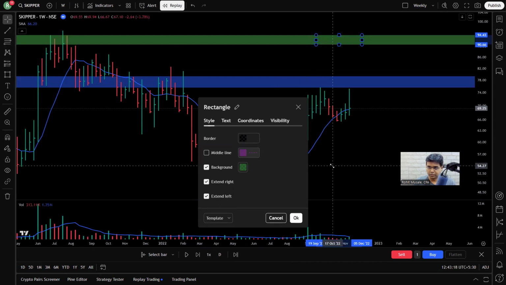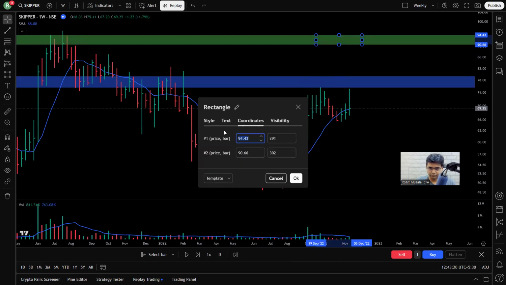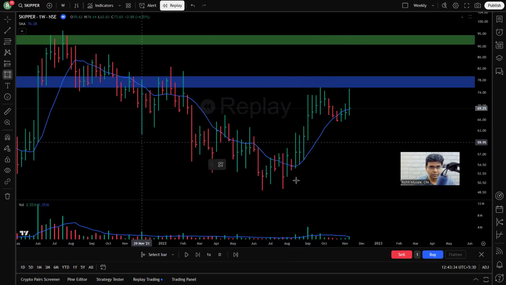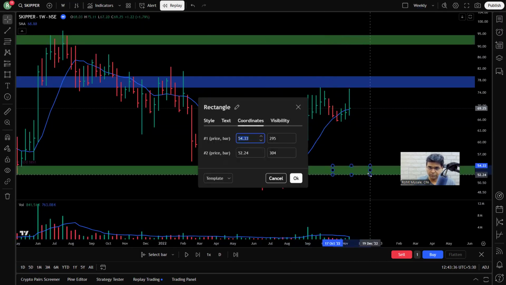Next, let's draw the, wait, let me check. 90.66, 75.55 multiplied by 1.25, 94.43, correct. Let's draw the stop loss range.